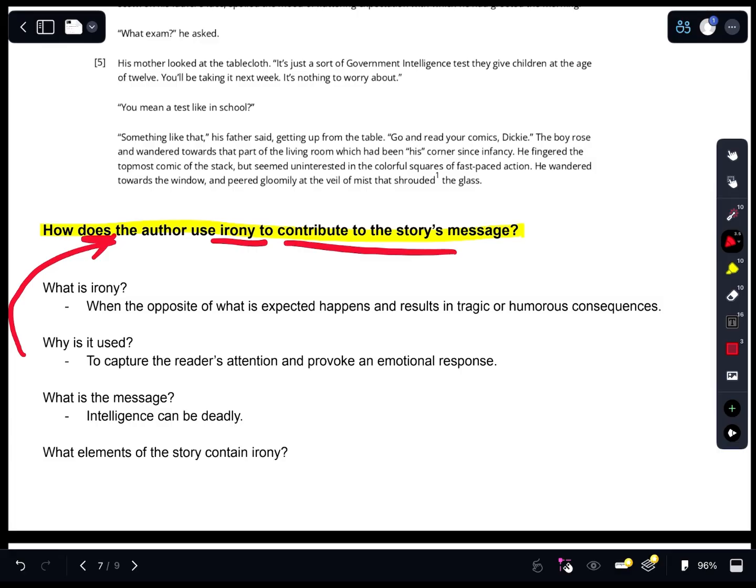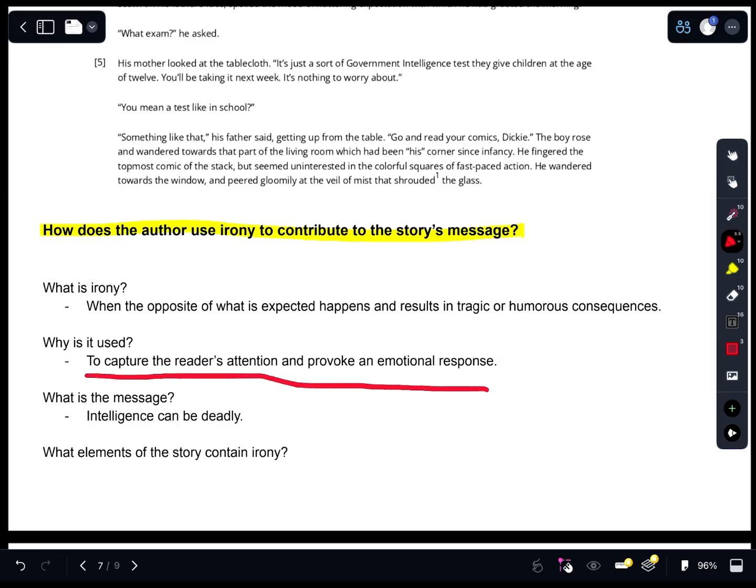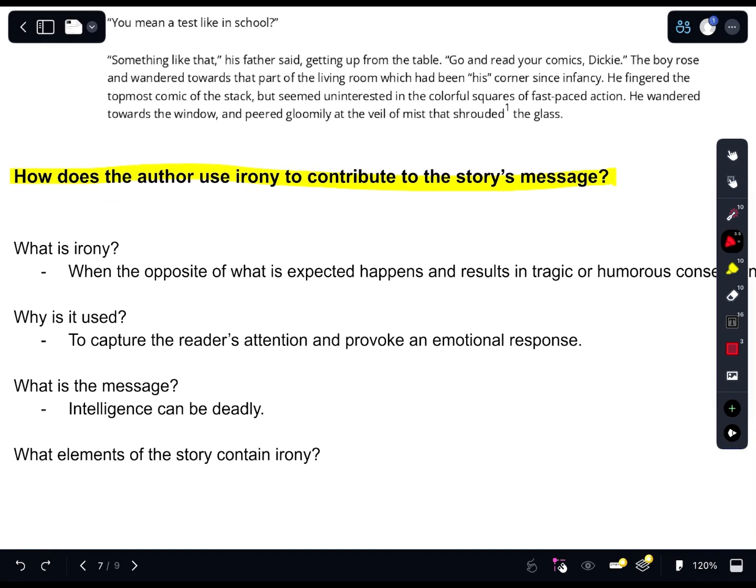How does it make the story's message more in your face? Okay, so why is it used? Well, briefly, to capture the reader's attention and provoke an emotional response. I mean, that's pretty much it. In all stories, we want to keep the reader's attention. We don't want them to stop reading. So we have to make it interesting.